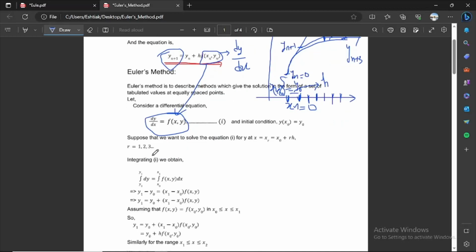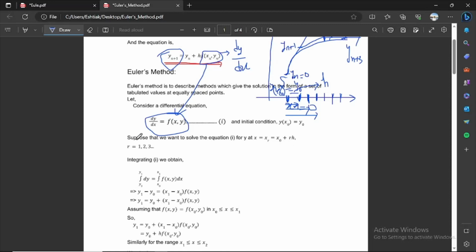Okay, suppose that we want to solve equation 1 for y at x equals xr, where xr equals x0 plus rh. This says that each of the differences is this: this is x0, this is x0 plus h, this is x0 plus 2h, this is x0 plus 3h.